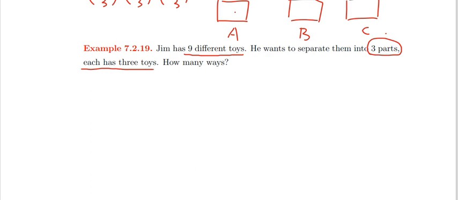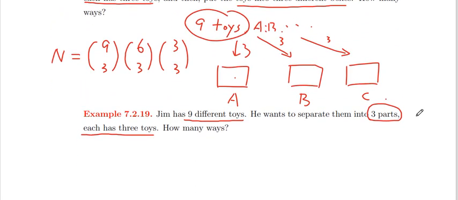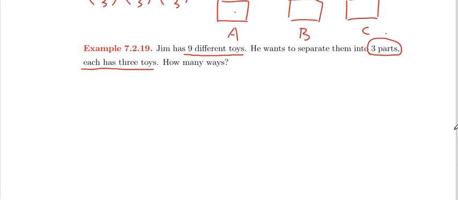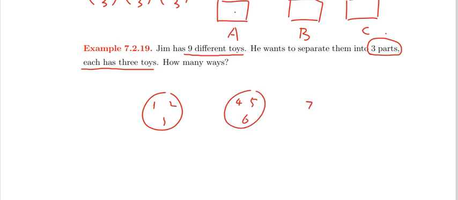Okay, so 3 parts and put this into 3 different boxes. So these 2 questions are different. Let's say suppose this is 1, 2, 3, okay, so 4, 5, 6, and let's say 7, 8, 9.